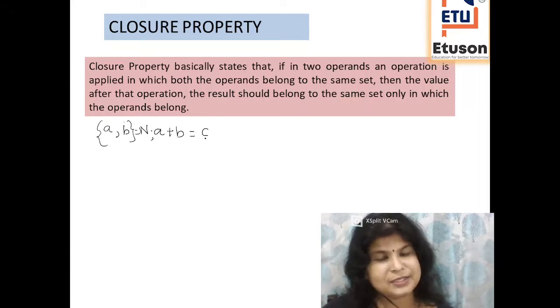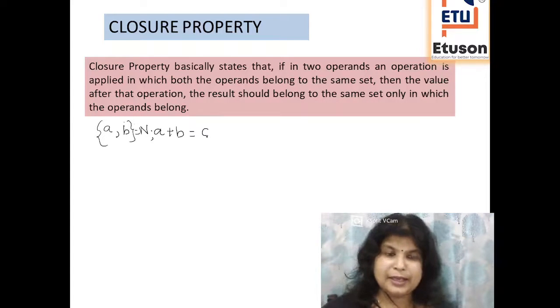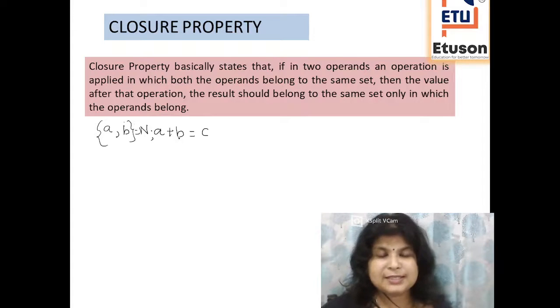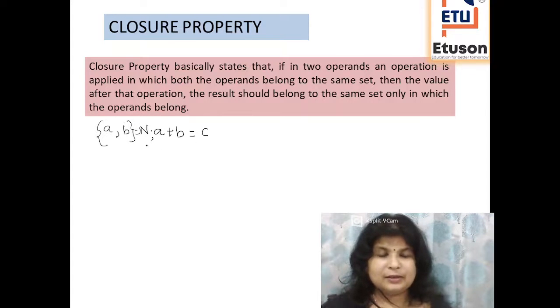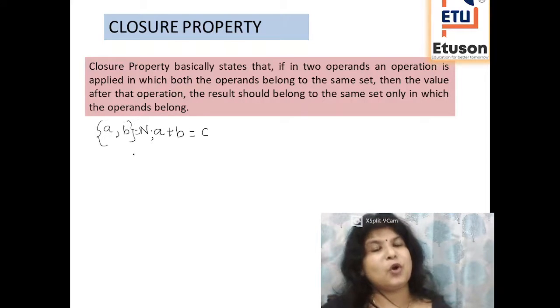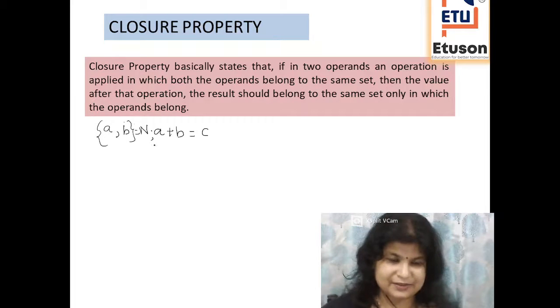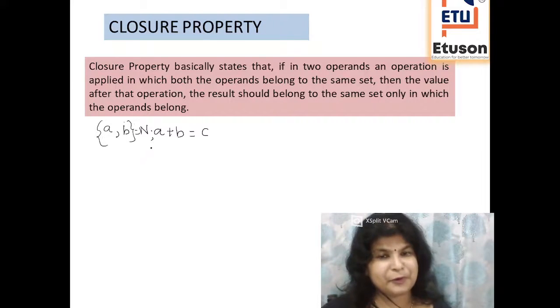If this C is not a natural number, then we cannot say that the particular operation is closed or satisfying the closure property. This logic can be applied for all kinds of operations. Correct? So now let us perform all kinds of operations for different kinds of numbers.